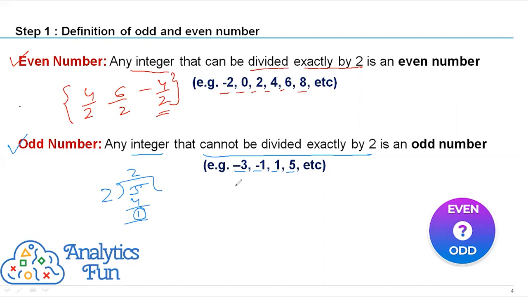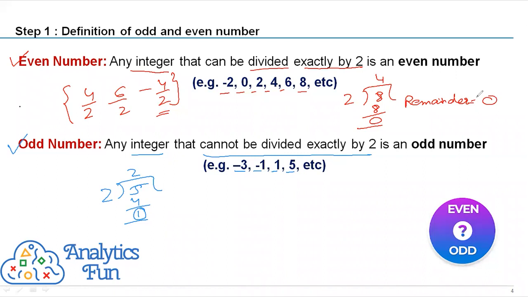One thing you will notice is that if you divide any even number by 2, for example 8 divided by 2, 2 4s are 8 and the remainder is 0. So an even number always produces a remainder of 0 when you divide it by 2.